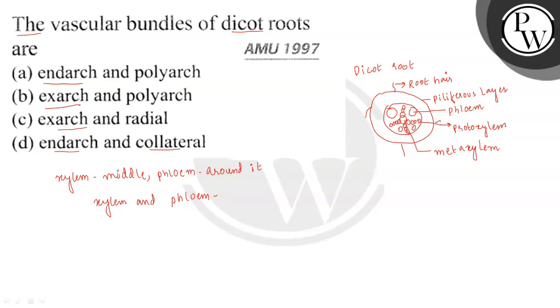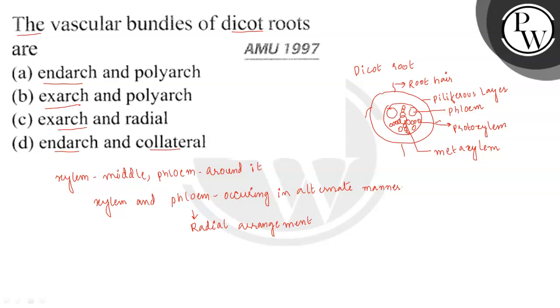and also we can say that xylem and the phloem shows an arrangement where we see alteration, meaning they are occurring in alternate manner. So this arrangement जहाँ हम देख सकते हैं कि phloem and xylem they are arranged alternately, this type of arrangement is referred to as the radial arrangement.